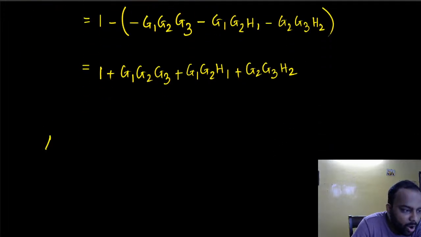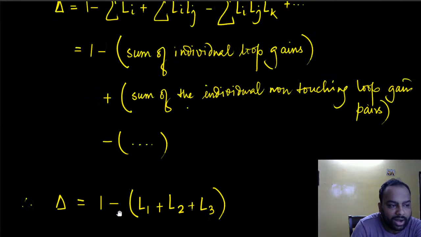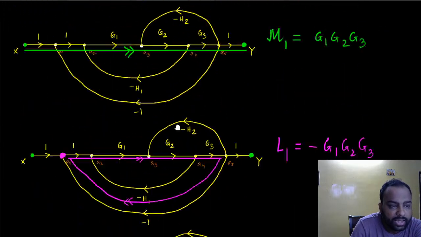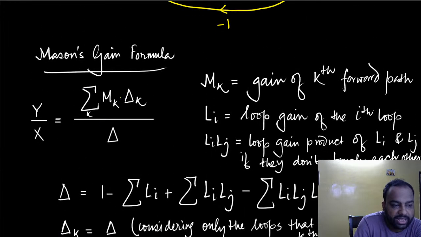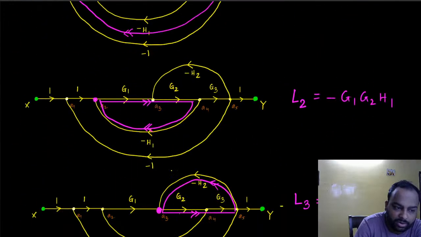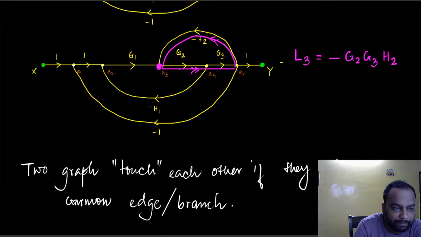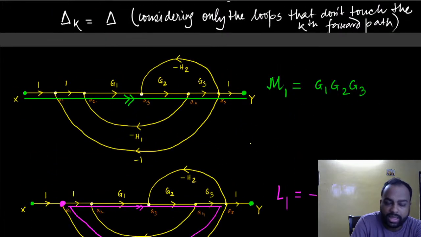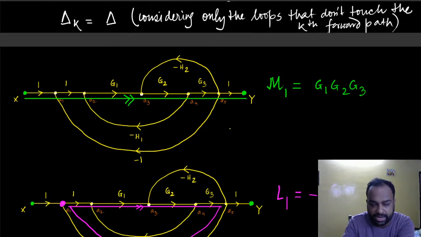Now all I need to have is delta 1. Look carefully. In the definition here, I have y by x equal to summation mk delta k by delta. Here in this particular example, mk is the kth forward path: first, second, third, and so on. But how many forward paths do I have in this example? The answer is I just have one forward path, so m1.